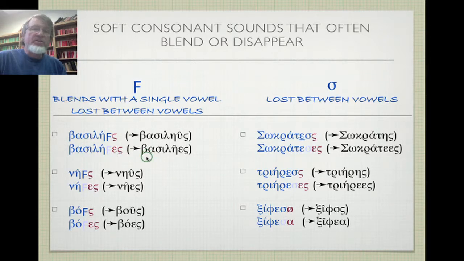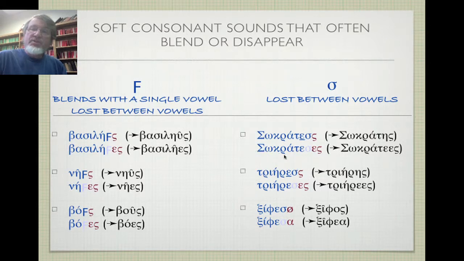Basileus, in most dialects, not all dialects, some dialects you'll actually find it written as a digamma, but in most dialects, basileus, the w sound became so soft that it simply disappeared, always between vowels. We call this phenomenon disappearance of intervocalic digamma. The same thing happens in newes and voes.